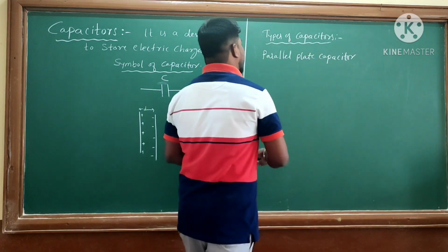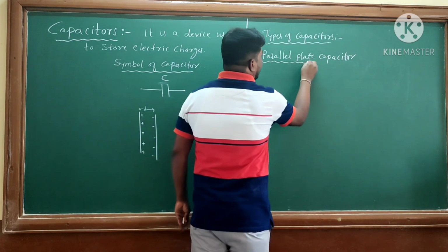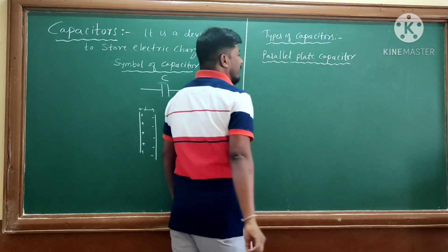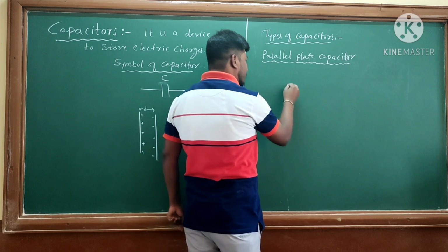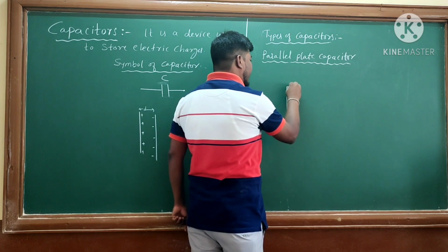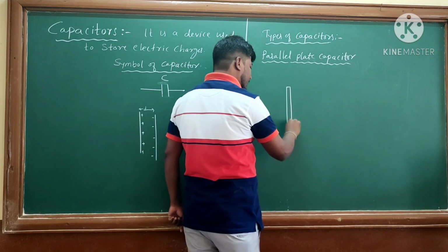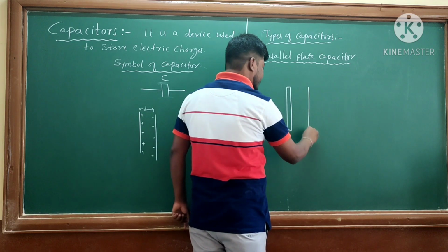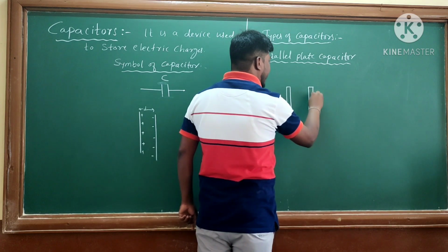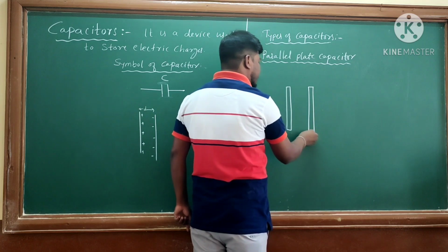So a parallel plate capacitor is, as I said, two parallel conductors separated by a small distance.